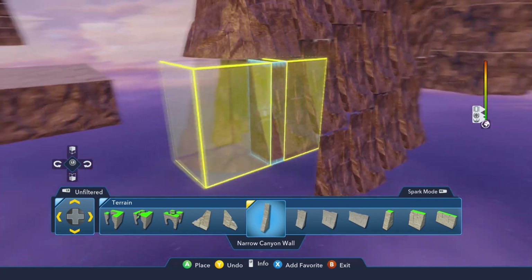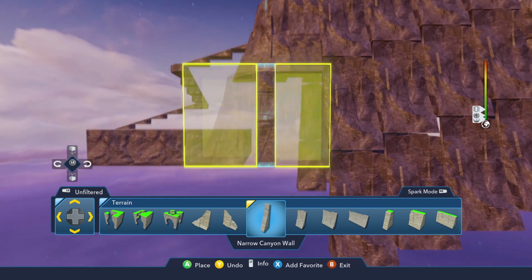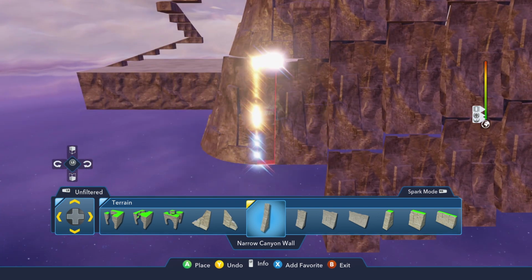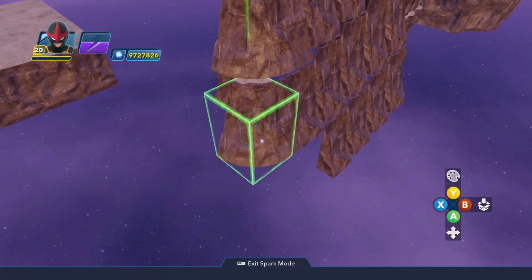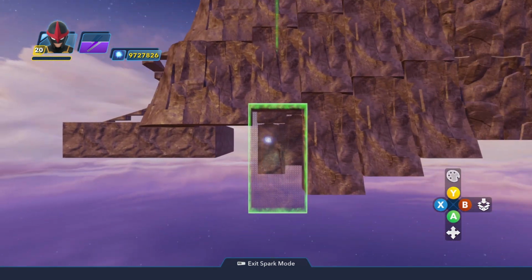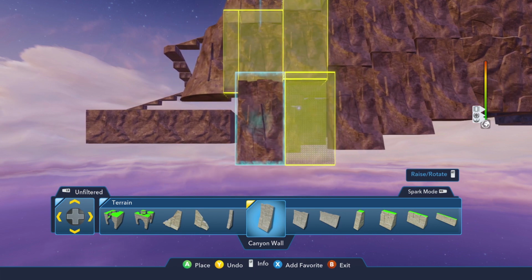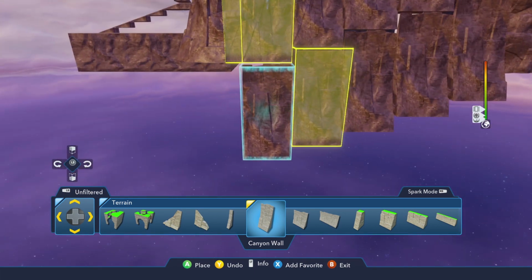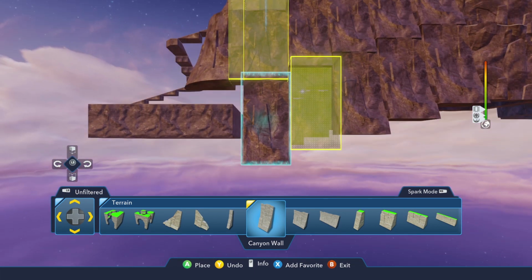Plus a narrow piece. So 3 and 1 is what? 4. So it's all math. There's no real shortcuts away from math. Math is going to be everywhere. Math, just learn to deal with it.